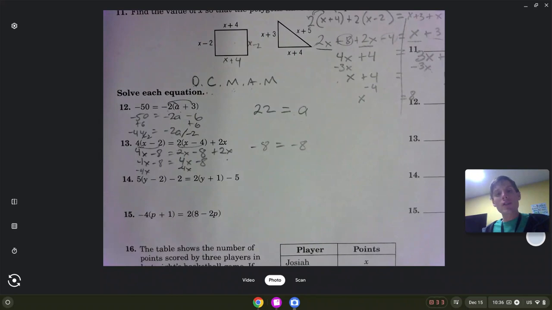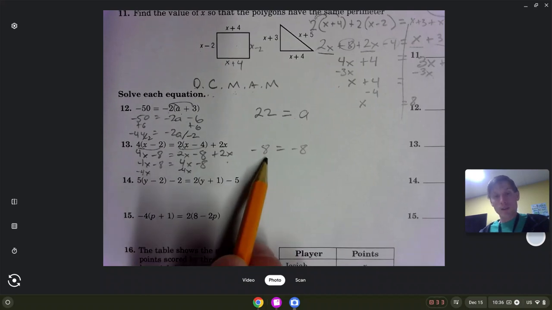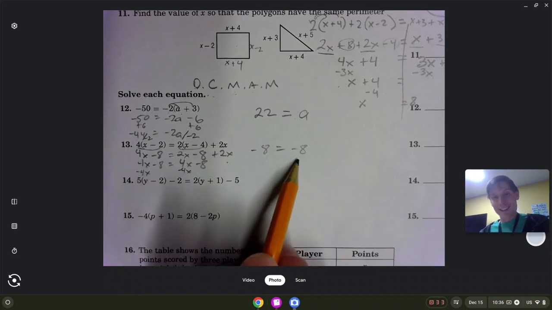Okay, when we have a situation like this, where we have it simplified, solved, yet there's no variable there, we're going to have one of two answers. Either the answer is going to be all real numbers or no solution, which is like a null set. In this case, we have a number that equals itself.